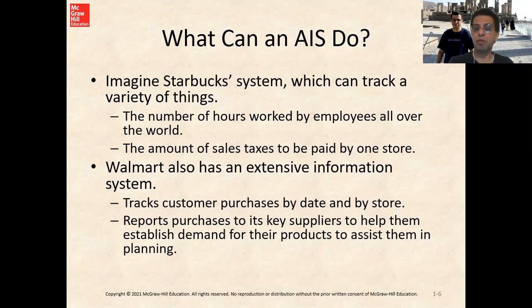In the case of Walmart, Walmart also has an extensive information system that tracks customer purchases by date and store, and reports purchases to its key suppliers, to help them establish the demand for their products and assist them in planning.